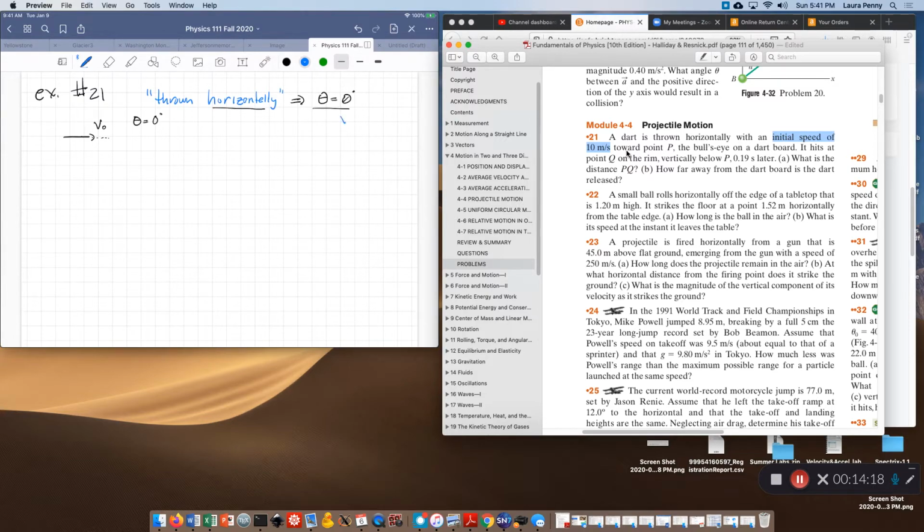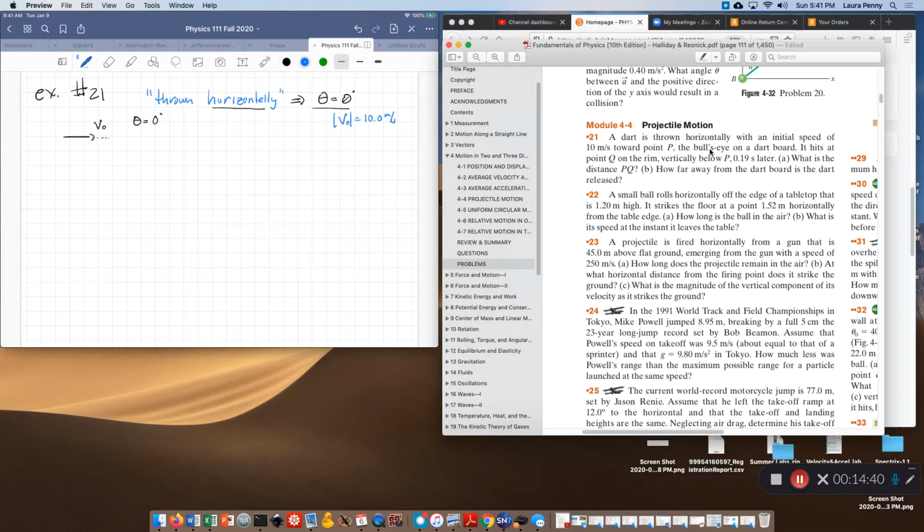So I'll write that down too. I'll say v naught, the magnitude of it, is 10 meters per second, towards a point P, the bullseye on the dartboard.